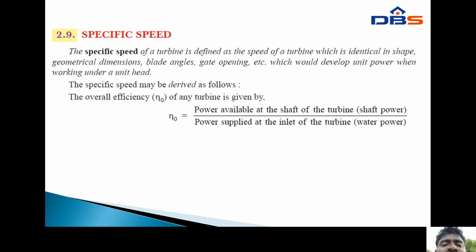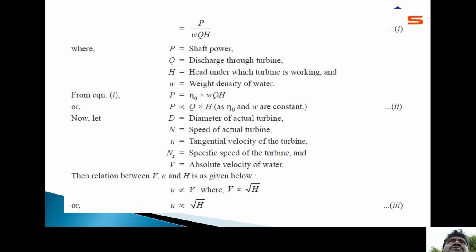The specific speed may be derived as follows. The overall efficiency of any turbine is given by power available at the shaft of the turbine, that is shaft power, divided by water power supplied at the inlet of the turbine. Therefore, efficiency equals shaft power P divided by water power WQH.